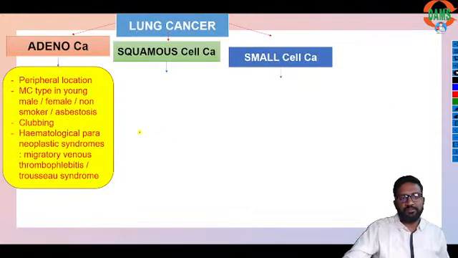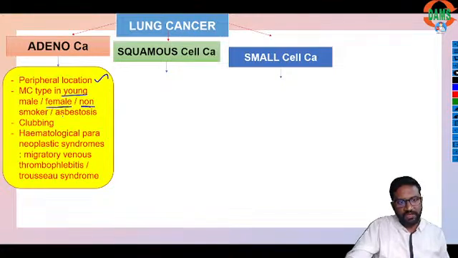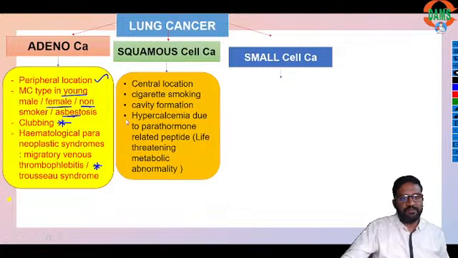This is a table which will tell you the difference between adeno, squamous and small cell. Adeno: peripheral location, mostly in young males, females, non-smokers, asbestos related. The important features are clubbing and Strozzi syndrome. Whereas squamous, everything starts with letter C: central, cigarette, cavity, hypercalcemia.